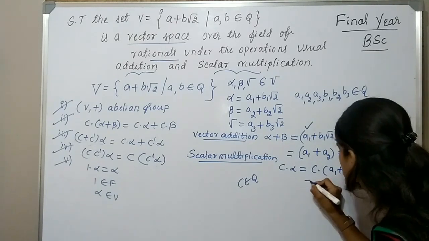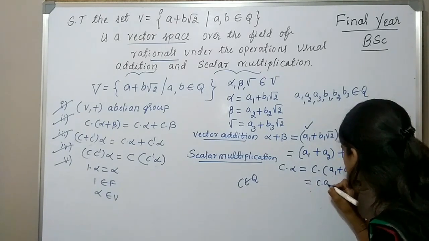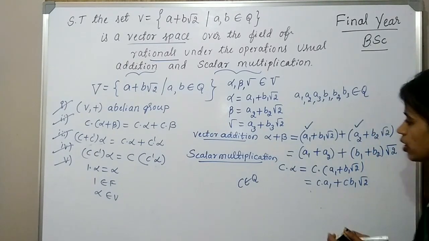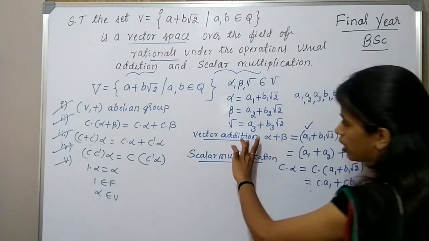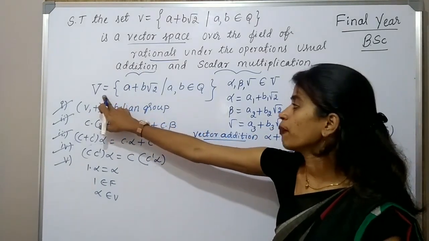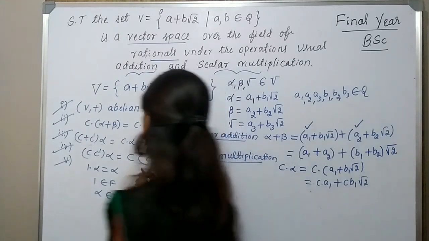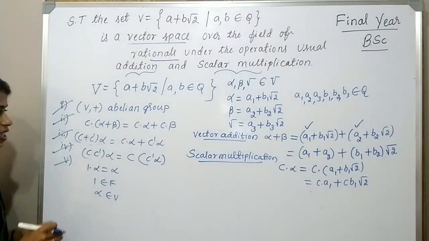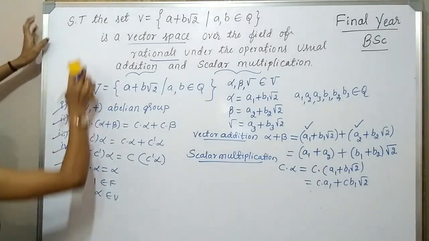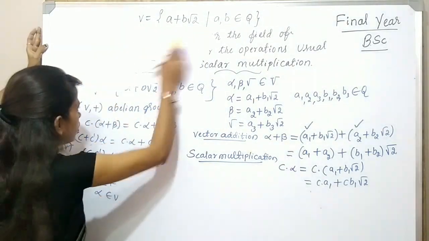For that, multiply c within the bracket: c dot a1, c a1 plus c b1 root 2. That's it. So these are the 2 binary operations. With respect to these operations, we have to show that this set becomes a vector space. So I am choosing the first one. So first condition, (V, +) must be an abelian group. So for that, I am taking up the question.